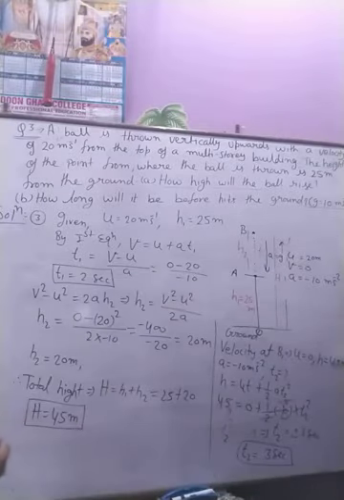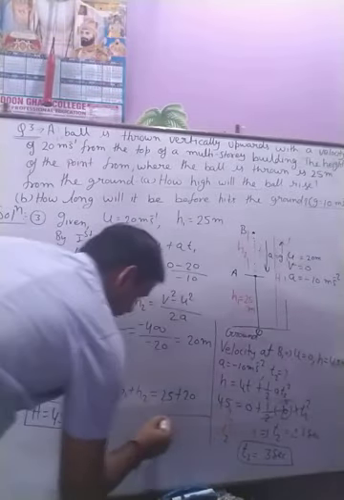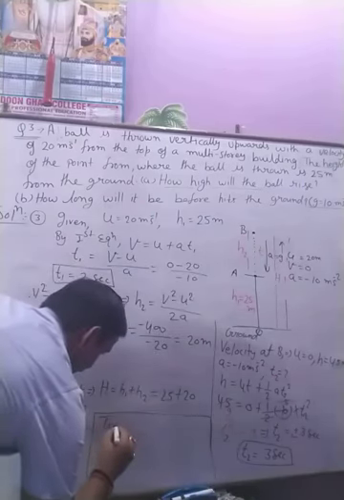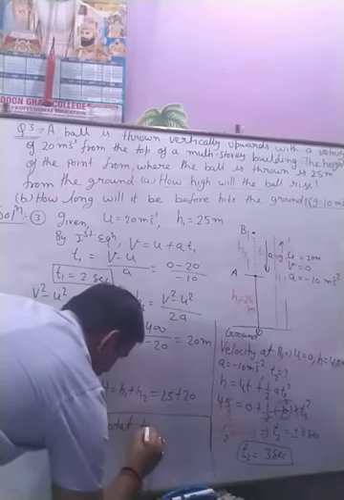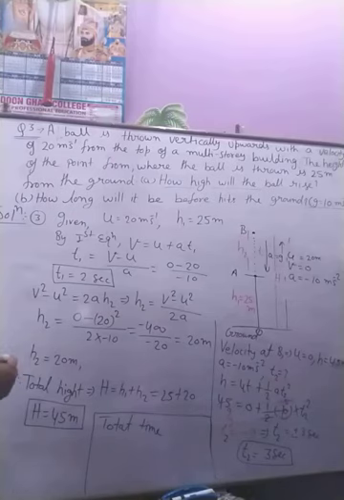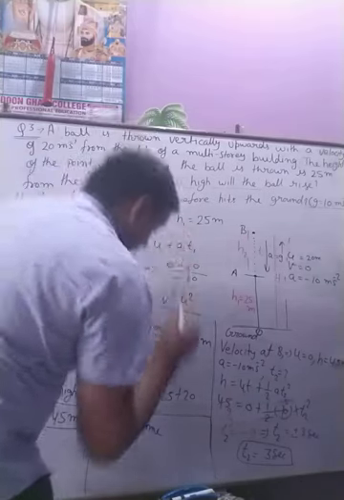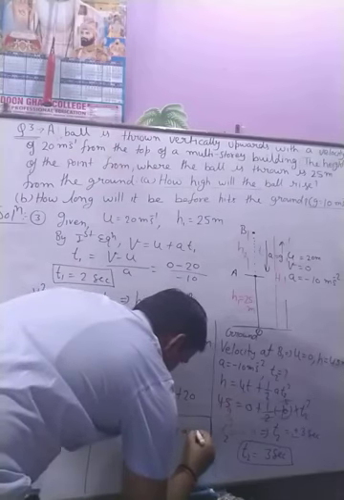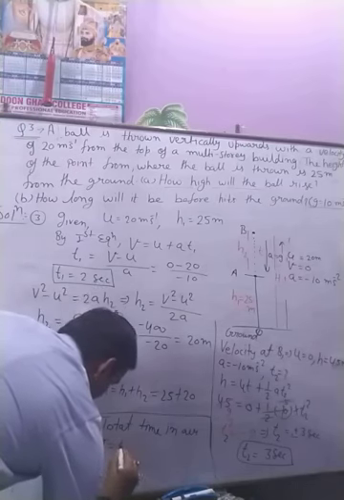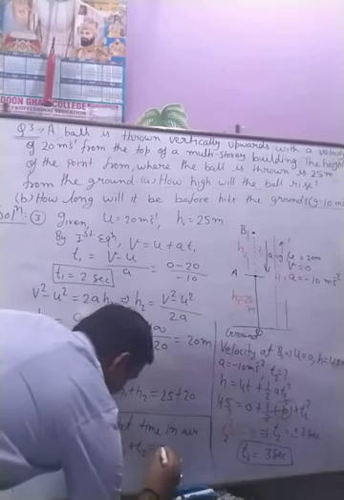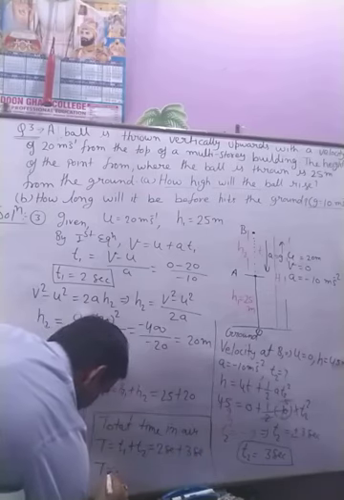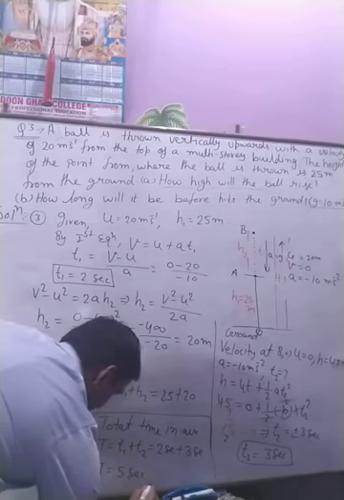Okay, now total time in air, or we say before it hits the ground, is t is equal to t1 plus t2, which is 2 seconds plus 3 seconds, is 5 seconds.